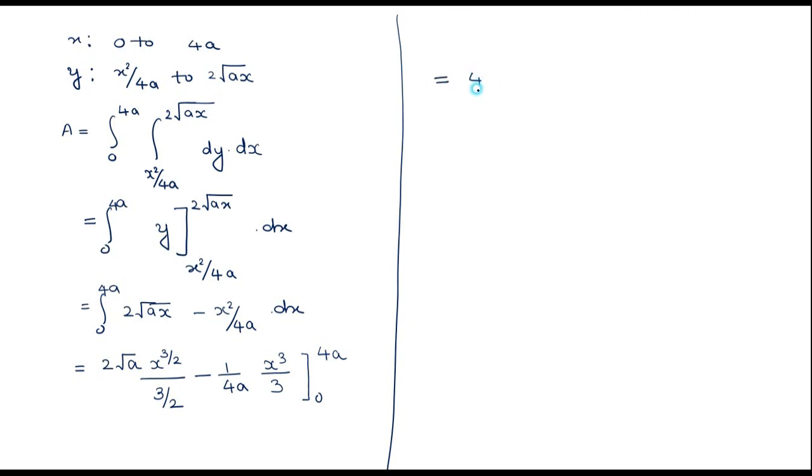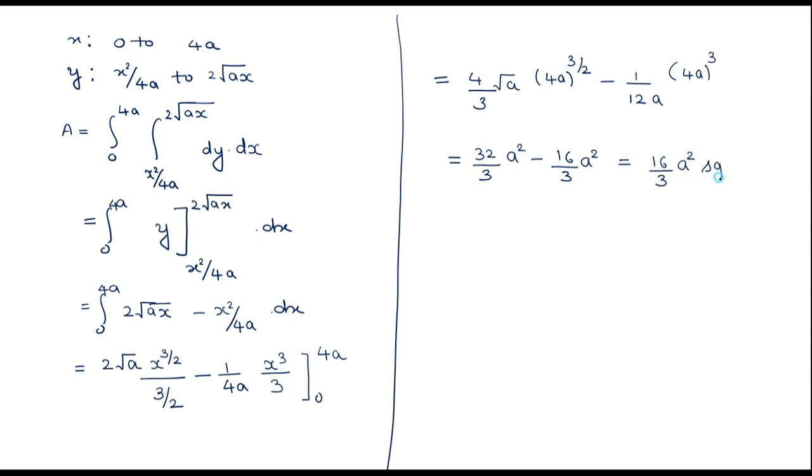So it is 4 by 3 root a times 4a raised to 3 by 2 minus 1 by 12a times 4a cube. On simplifying this, it is 32 by 3 a square minus 16 by 3 a square, which will be 16 by 3 a square. Since it is the area, the units are square units.